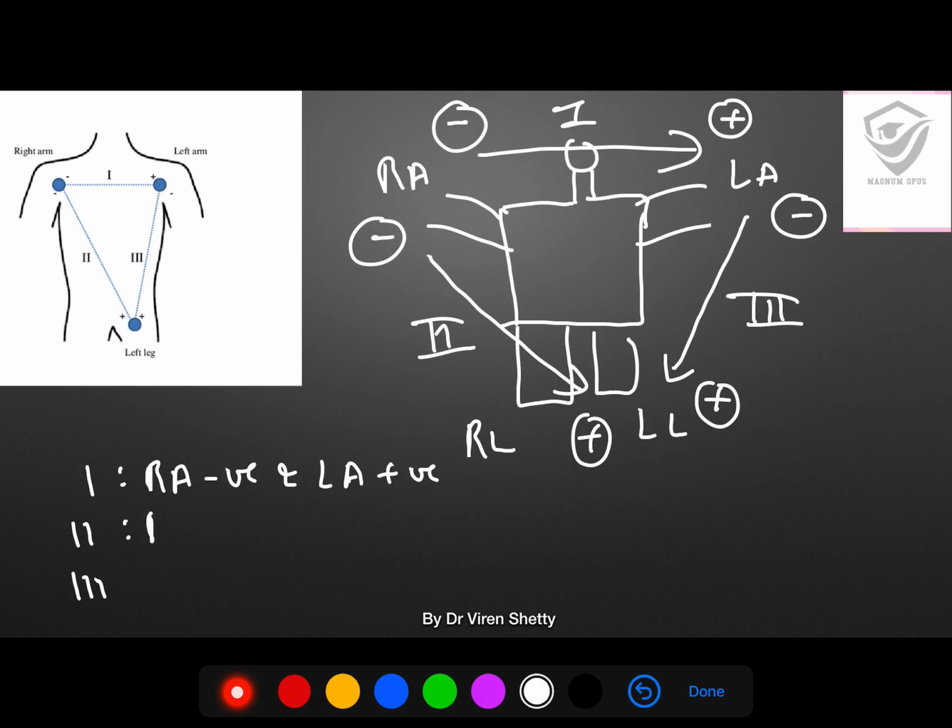Lead 2 in right arm is having negative and in left leg is having the positive. Lead 3 in left arm is having the negative and left leg is having the positive. So this is how Einthoven first created the bipolar leads.